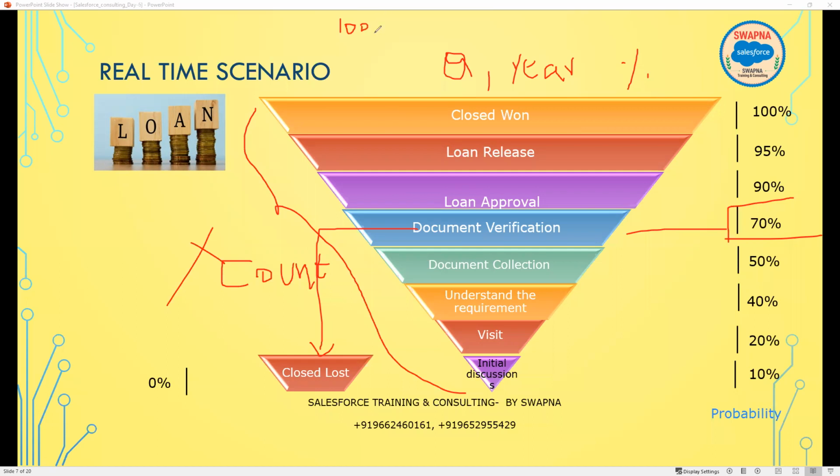We might have received 50%. If it is 50%, then they will ask how many customers actually went for a closed loss. Then it is 10%. And if 10% closed on a loss, what happened to the rest of the 40%? Where did these 40% of customers go? So like this, they are always going to calculate.